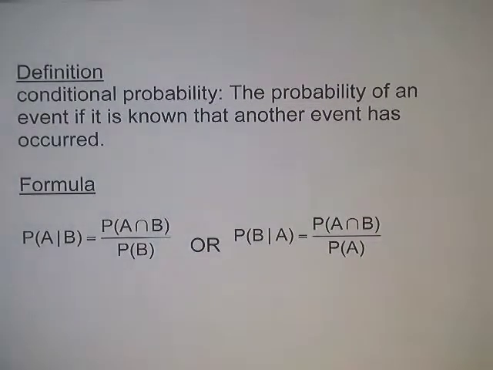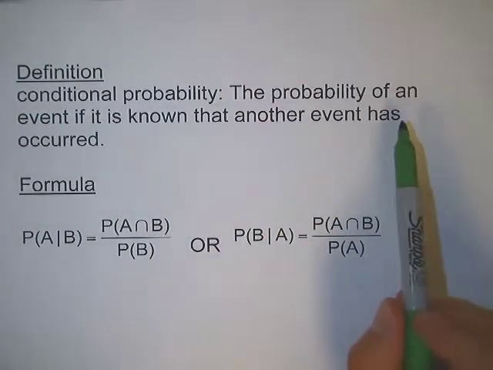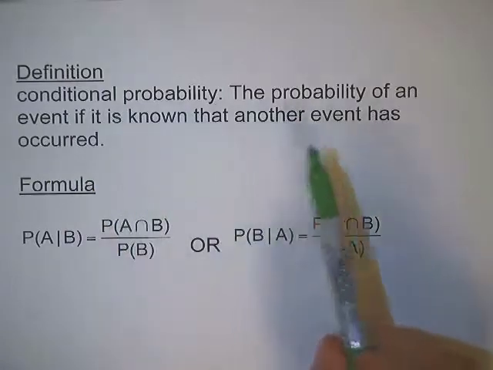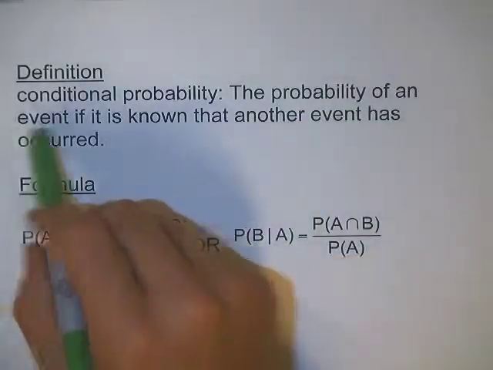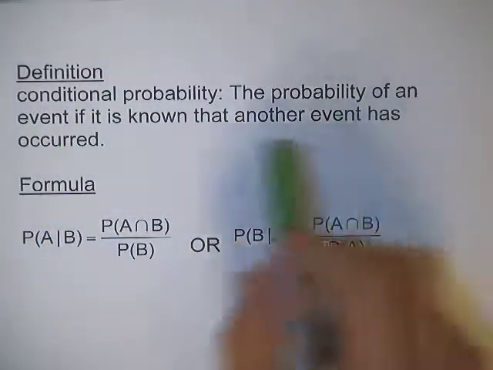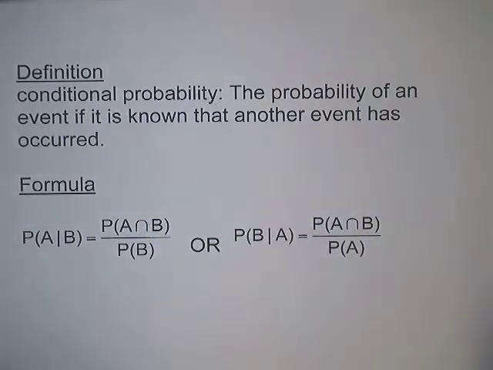So conditional probability is the probability of an event if it is known that another event has occurred. So we were trying to find the probability of blonde hair if it's known that the person had brown eyes.